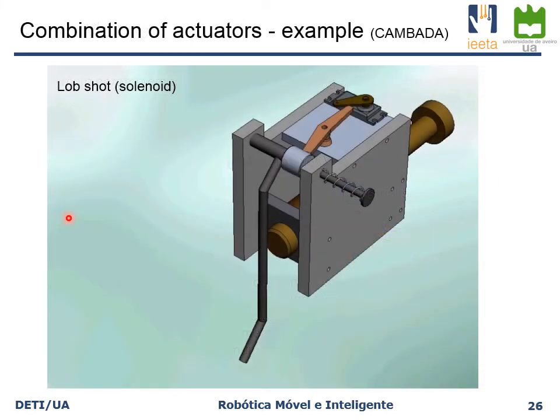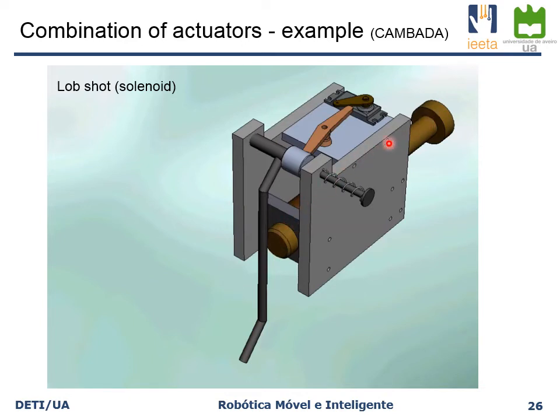In this particular slide, you can see a combination of a mechanical setup together with two different actuating systems. The resulting part is actually the system that is used within the CAMBADA soccer robots to shoot the ball. So this is the system that we call the kicker. You can see that it is composed of a solenoid.